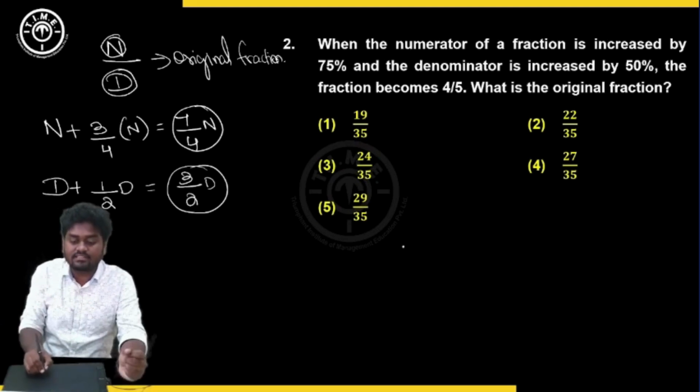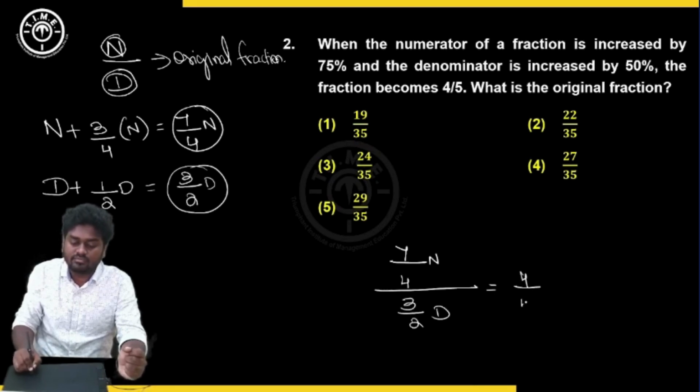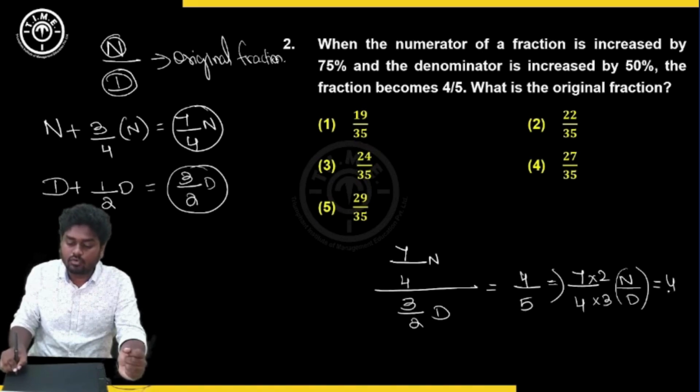So listen carefully guys, 7 by 4n divided by 3 by 2d is equal to 4 by 5. If I try to rearrange these fractions, what do we get? We get 7 by 4 into 2 by 3 into n by d is equal to 4 by 5.